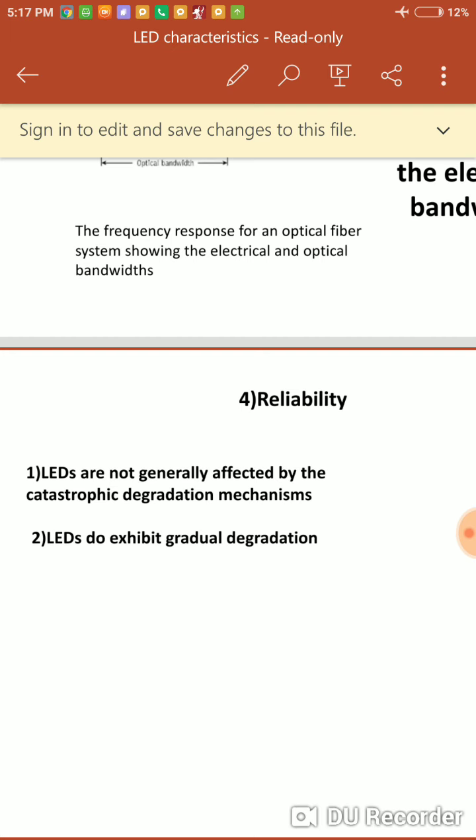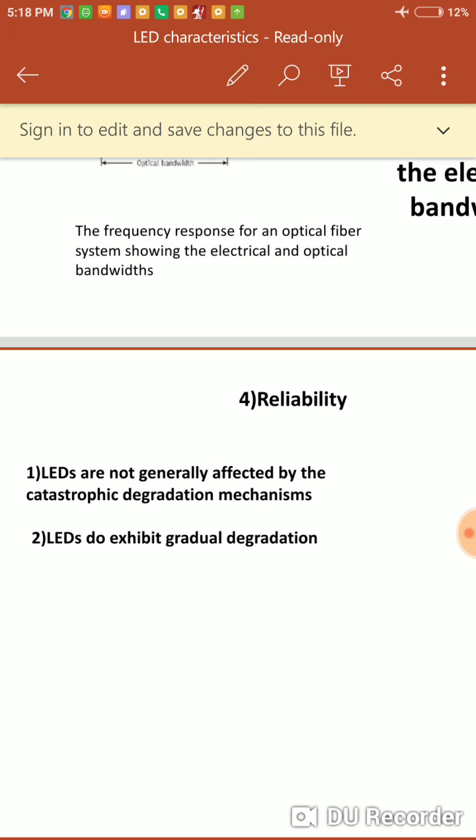So reliability of any device we are going to consider by considering its degradation. In case of laser, two types of degradations are present: catastrophic degradation and gradual degradation. So there are two types of degradations in an optical source, particularly those taking place in case of laser.